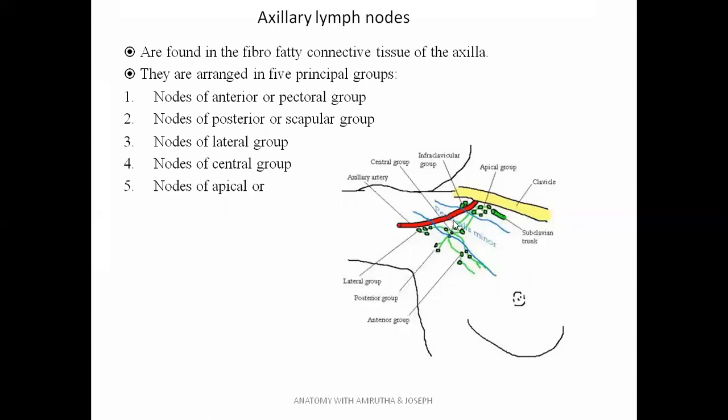And few of the lymph nodes are placed still above, called the apical group of lymph nodes, or the infraclavicular group, since they are present just below the clavicle. So these are the different groups of lymph nodes in the axilla: anterior, posterior, lateral, central, and apical.